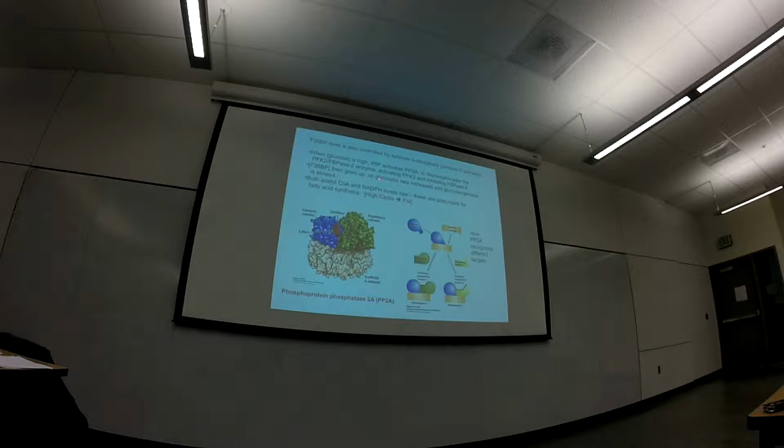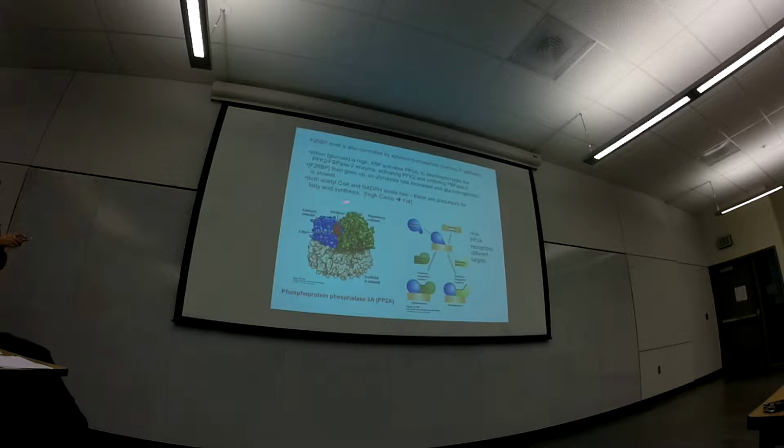Acetyl-CoA and NADPH levels rise. Acetyl-CoA levels rise because glycolysis got activated, and therefore pyruvate goes to acetyl-CoA. NADPH levels rise because you've got a lot of X5P, which means that you've been running that oxidative pathway, which is generating a lot of NADPH.